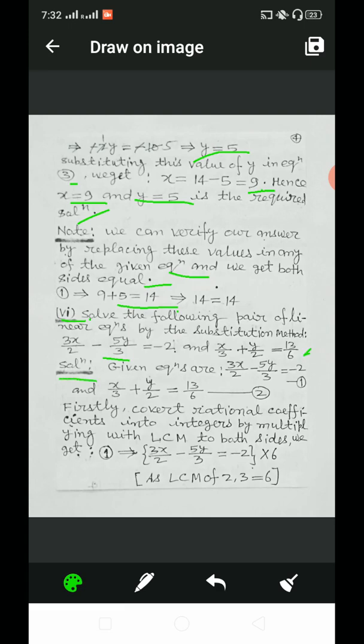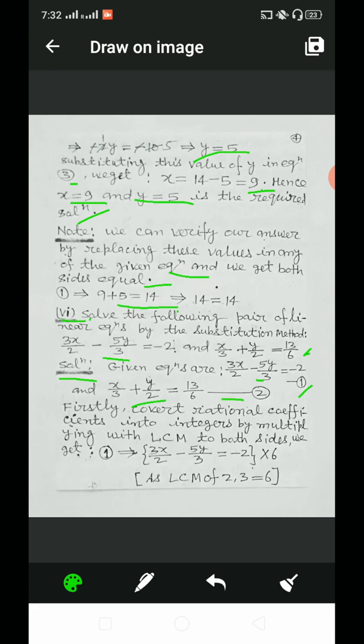To find the solution, the given equations are 3x by 2 minus 5y by 3 equal to minus 2, this is taken as equation number 1, and x by 3 plus y by 2 equal to 13 by 6, this is taken as equation number 2.